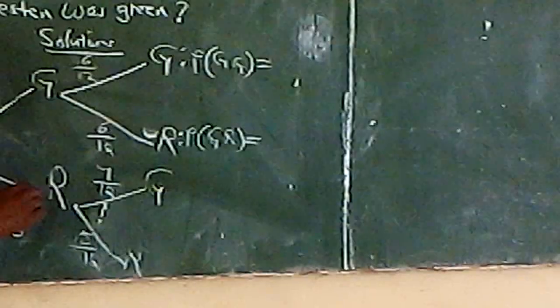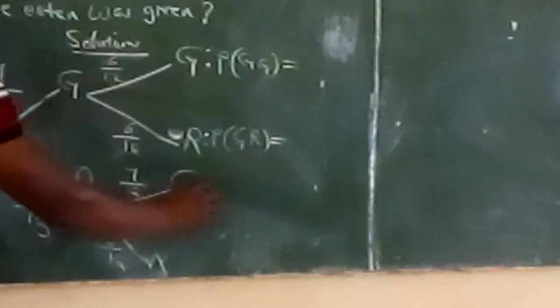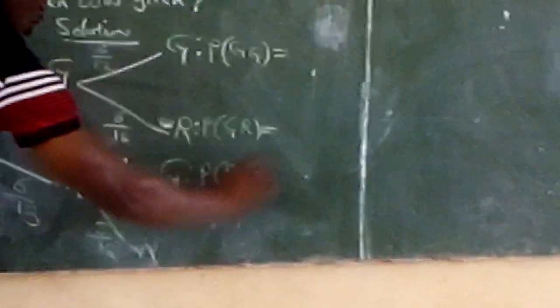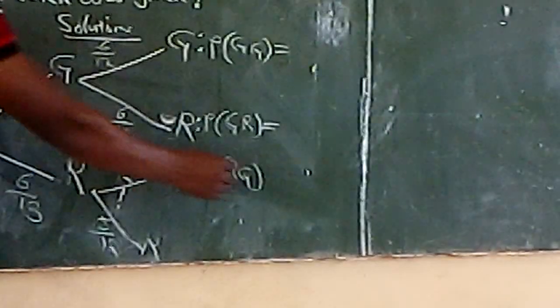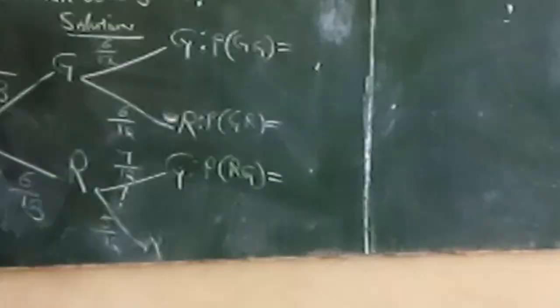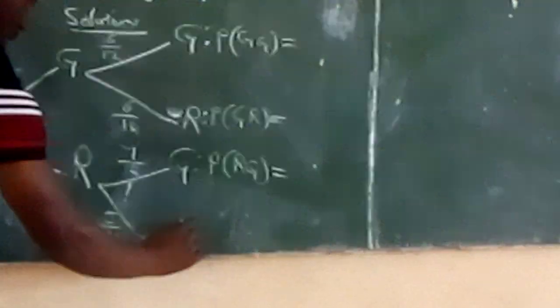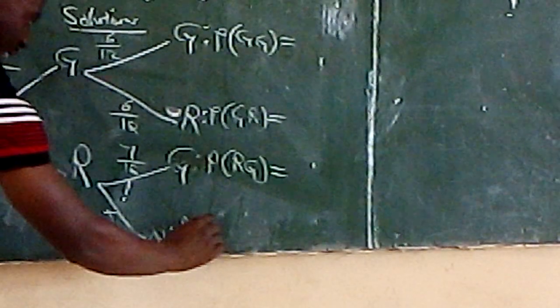Then move on to the other branch, which is RG. So this is the probability of R and G. We're going to write the probability here. Then of course we move on to the probability of the last one, which is RR.